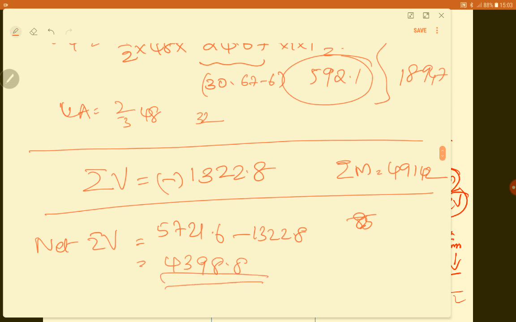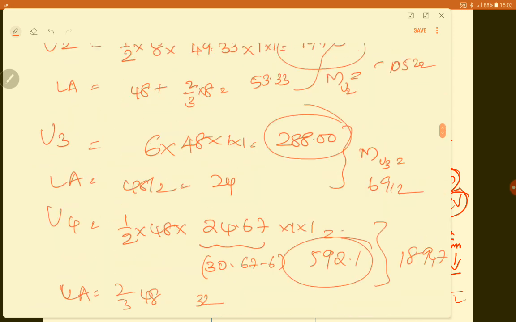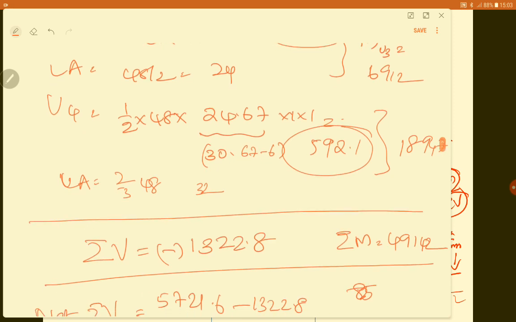Okay, now from here you have to find the sigma M value. Sigma M value is equal to 79675. Previous you have found a value that is something like 2 lakh something, and you have found the value here also.